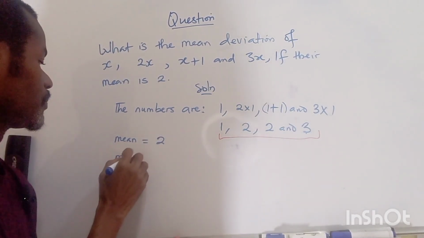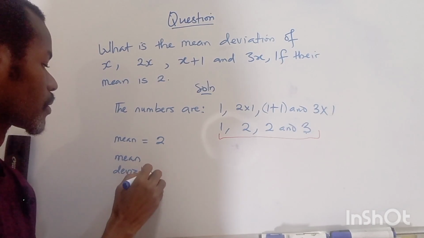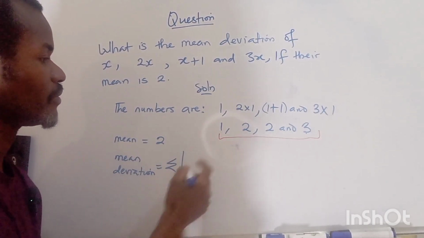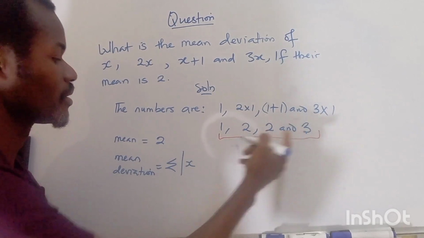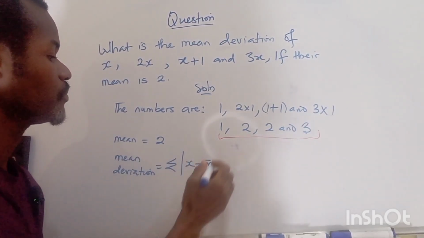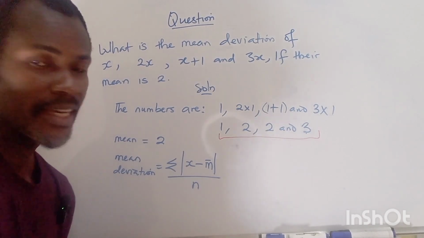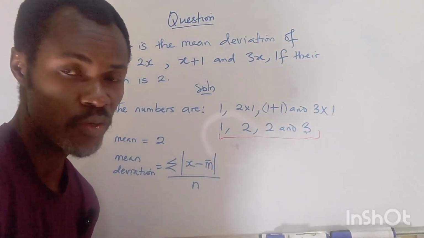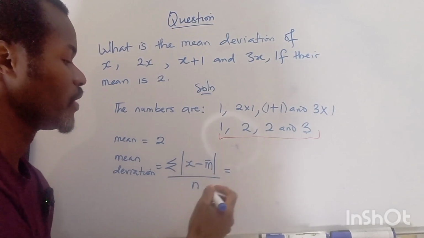So our mean deviation by formula is the summation of x, for these values 1, 2, 2 and 3, minus the mean, divided by n. And n is 1, 2, 3, 4, because we have 4 numbers.